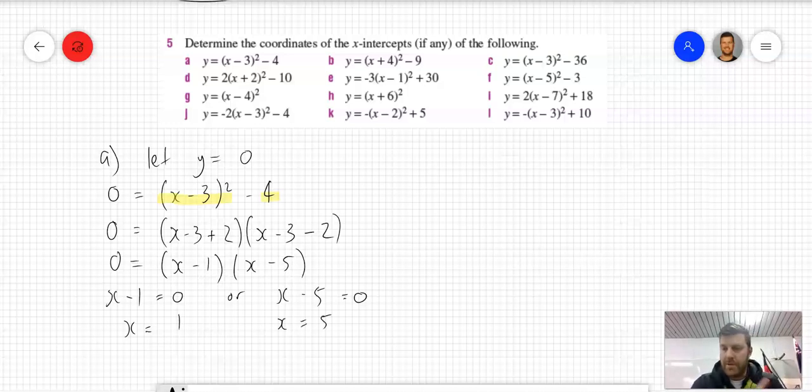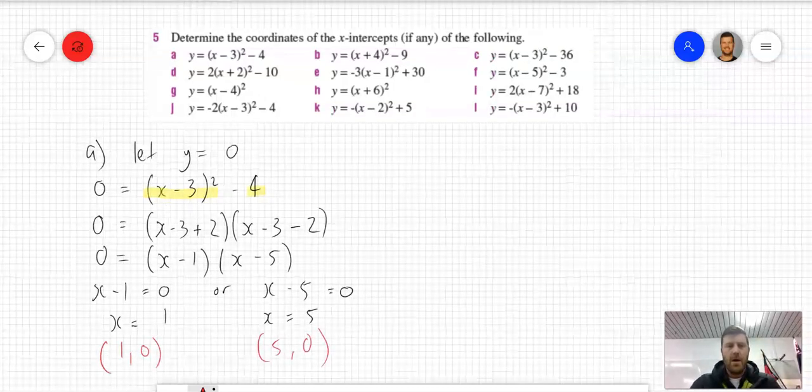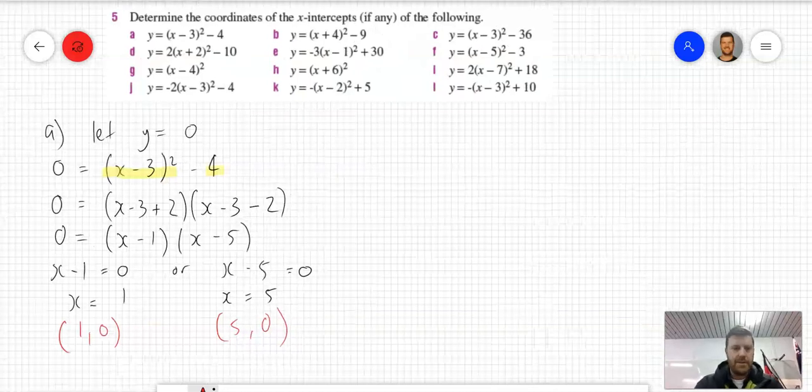And I do need to give the coordinates of the x-intercepts. The actual answer there is 1, 0, and 5, 0. The questions do differ, so let's keep working through them. Let's move on to question b.